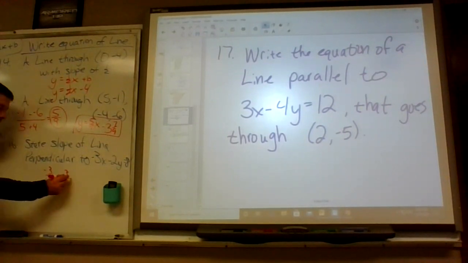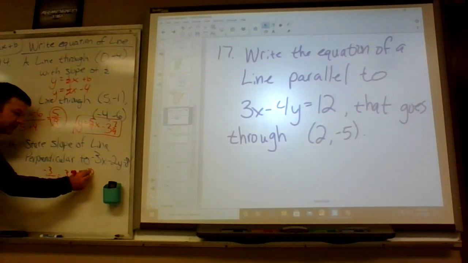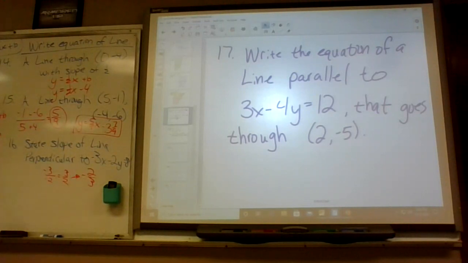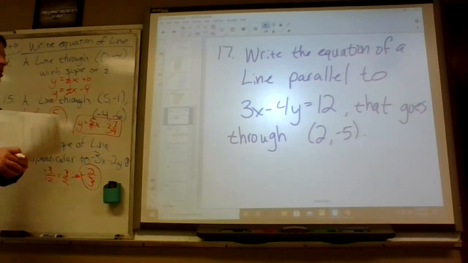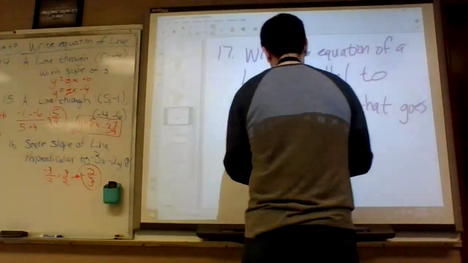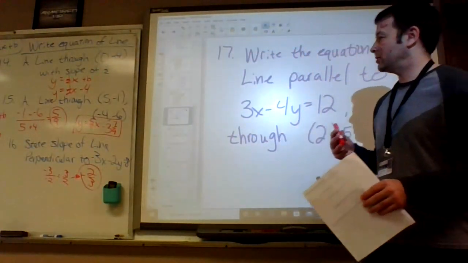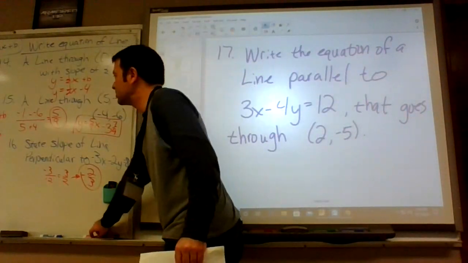If the slope of that line is 3 over 2, the perpendicular line is -2 over 3.